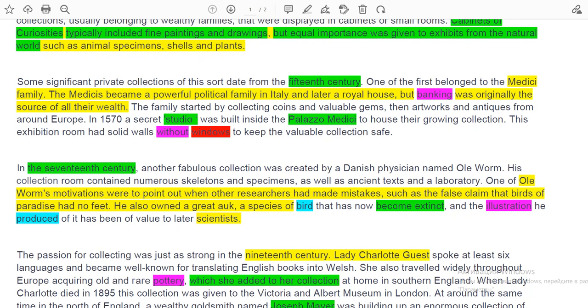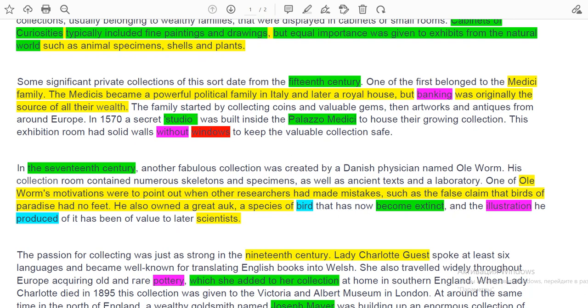Then go once again to our passage and you will find, oh, studio, this is in quotation marks. And after that, in 1570, a secret studio, once again locating words, was built inside the Palazzo Medici, the same proper noun, to house their growing collection.